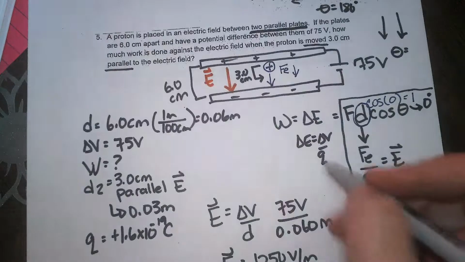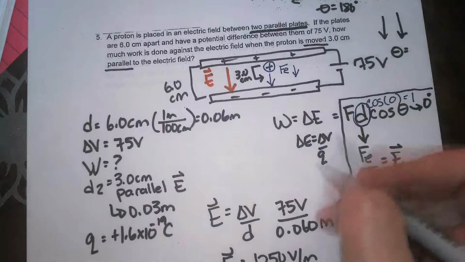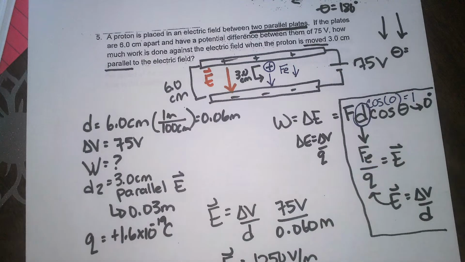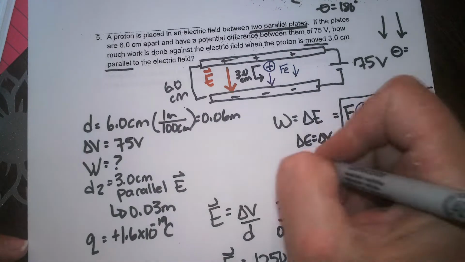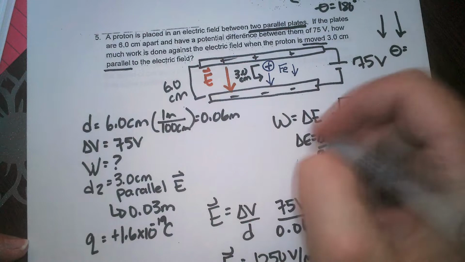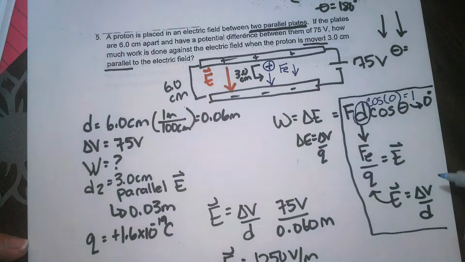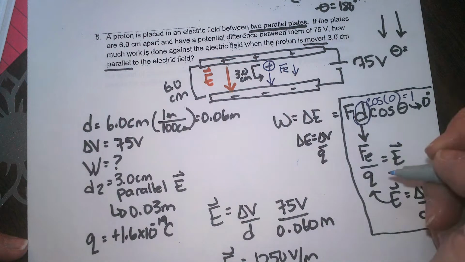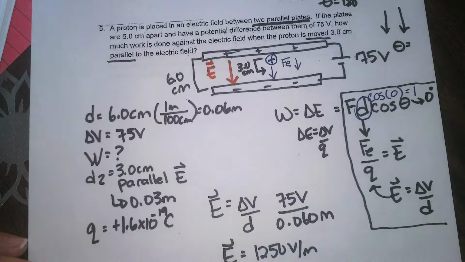What's the extra part of the formula here that we would have needed to solve for distance? Because once we have delta E, how do we get distance when we have delta E? Actually, it wouldn't have mattered. Give me 2 seconds.